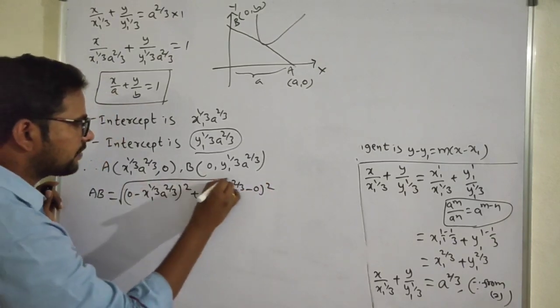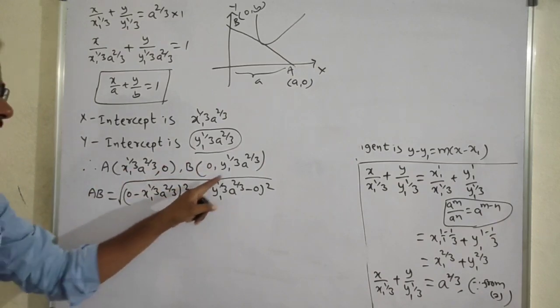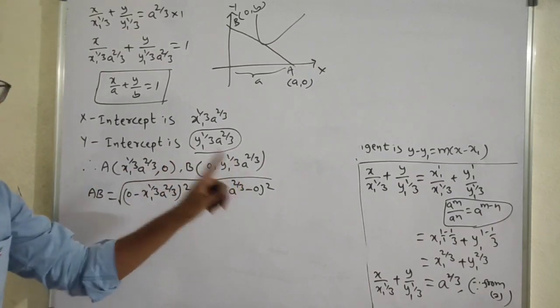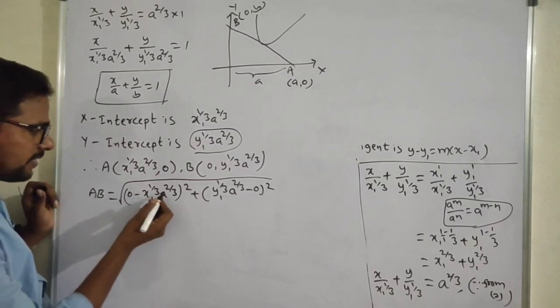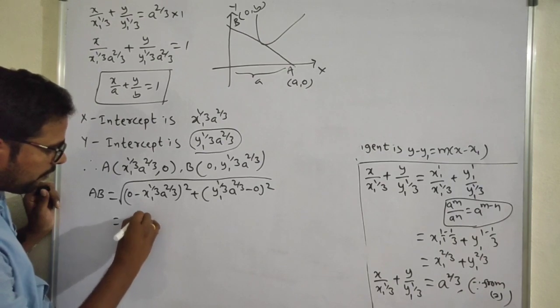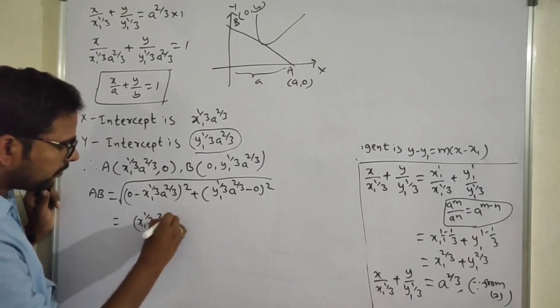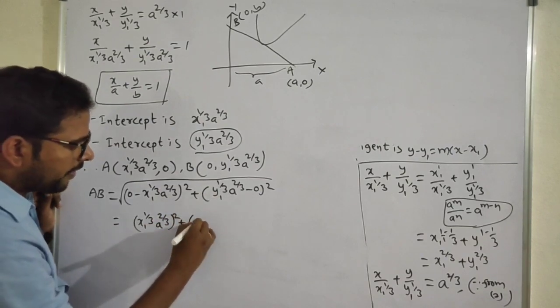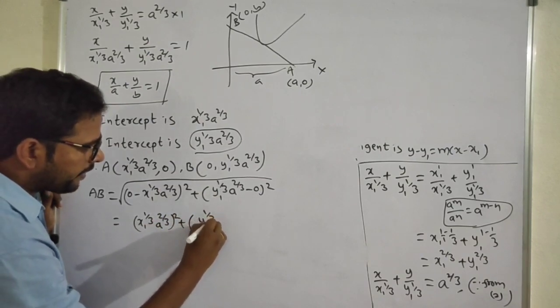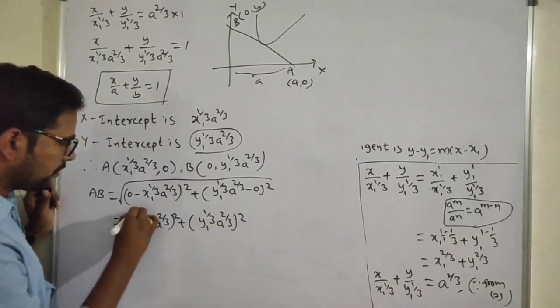Minus squared becomes positive, so x1 power 1 by 3 a power 2 by 3 whole square plus y1 power 1 by 3 a power 2 by 3 whole square, under root.